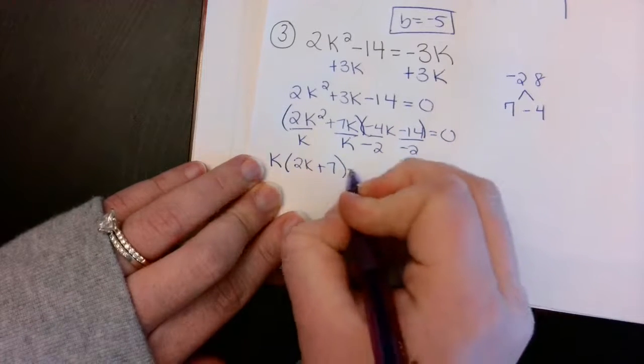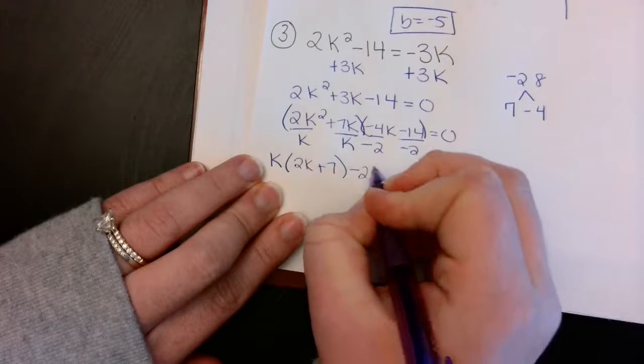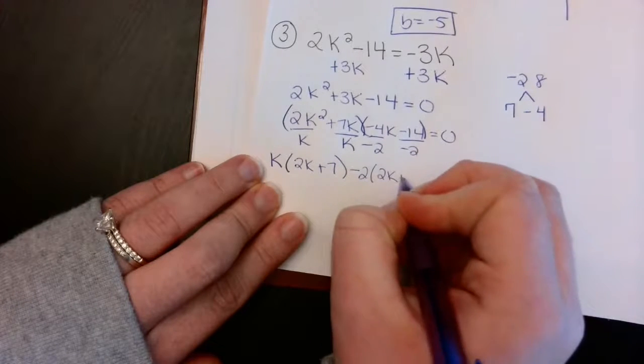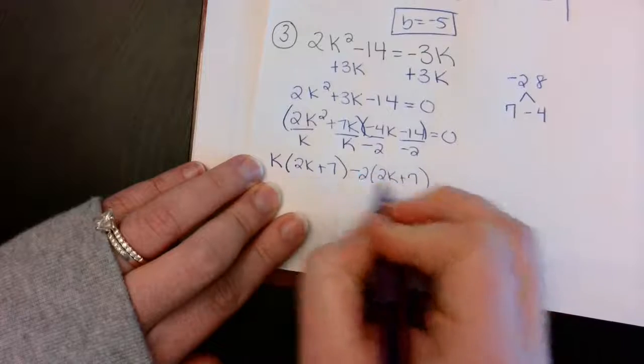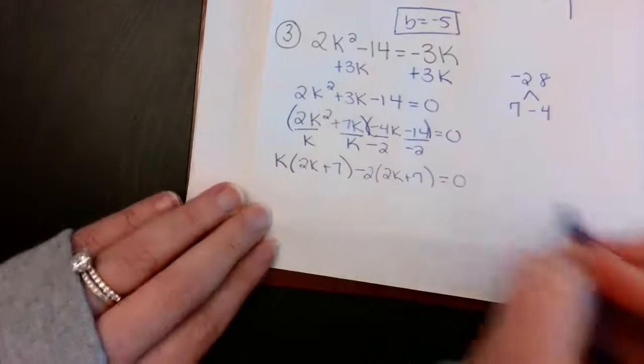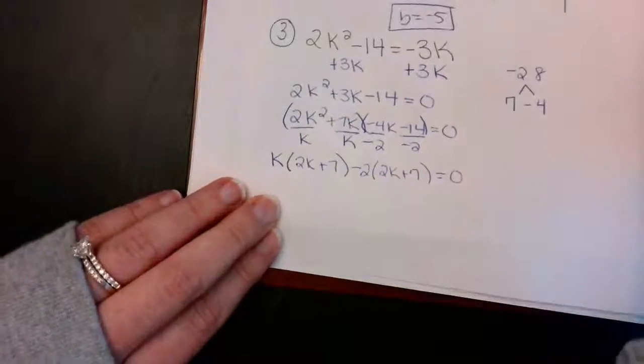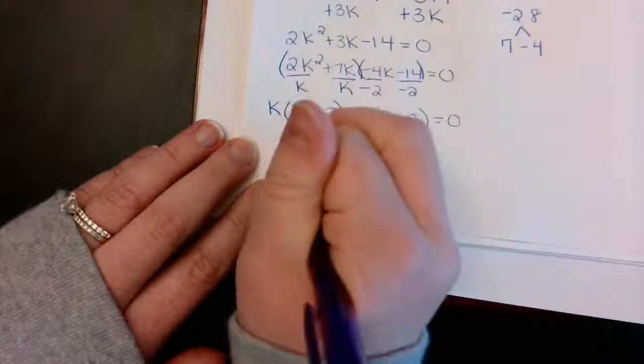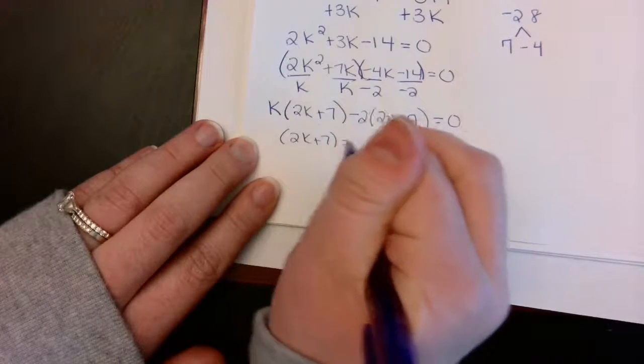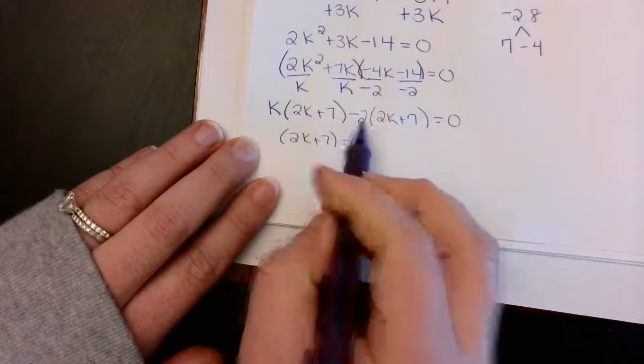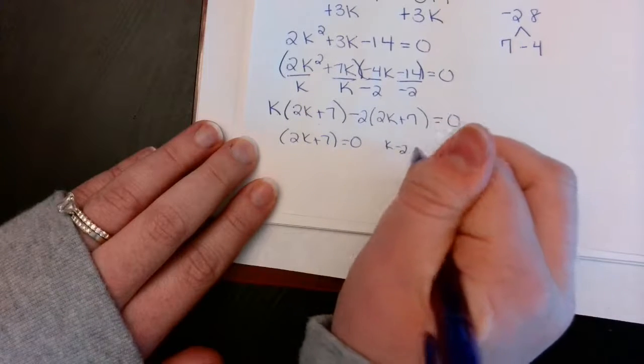So a negative 2 would come out, leaving 2k plus 7. And that's exactly what I want, my insides to be the same, equals 0.